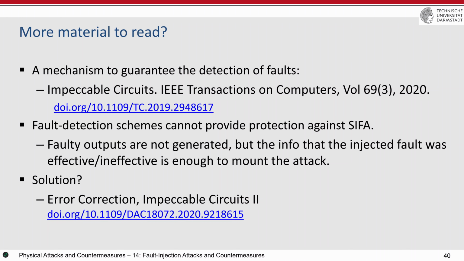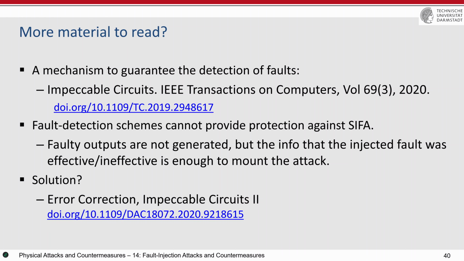One other thing that you can do, that is actually not covered here, is to ensure that no fault is ineffective, meaning that any fault which is injected should be detected. This is one way. Integrating some sensors into the circuit is also one way, which is completely independent of the circuit.